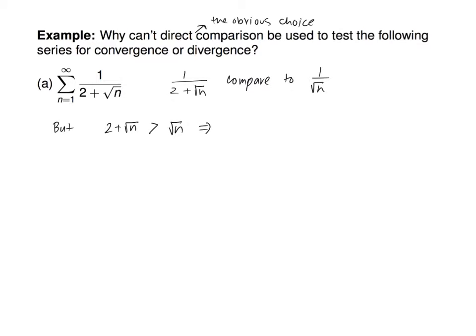Which implies that 1 over 2 plus root n is less than 1 over root n, right? That tells you nothing. Do you see why? Because the sum of 1 over root n is divergent, right? So you have something, and then the sum of 1 over 2 plus root n, I don't know.